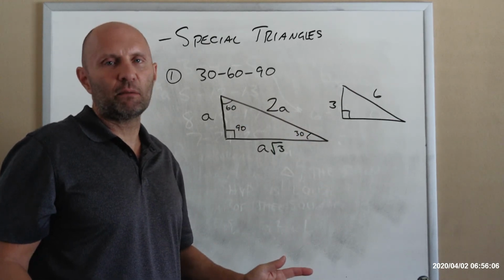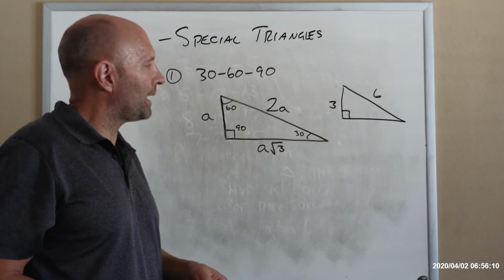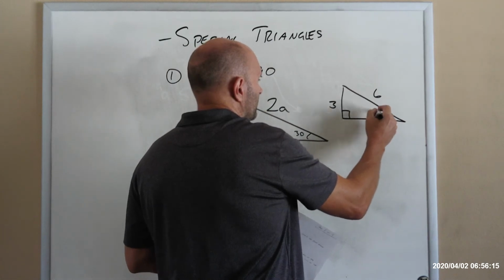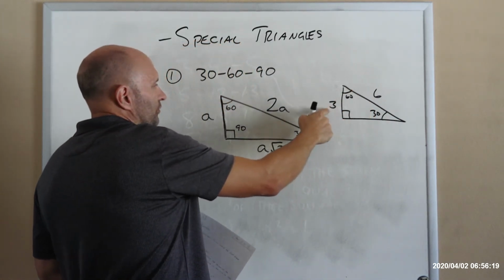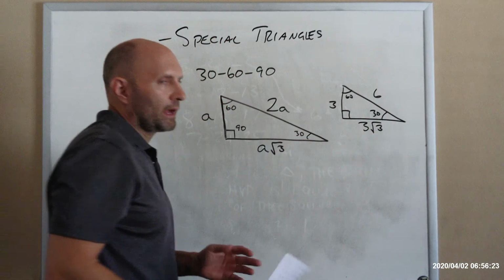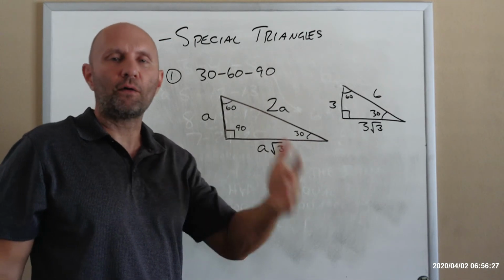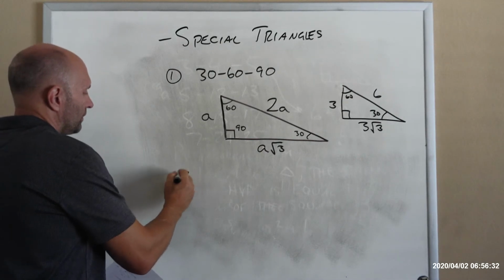It's not going to take you that much longer, and you'll get the answer 100% of the time as long as you do the math right. But if we know that this is a 30, 60, 90 triangle, I know the long leg is just the short leg multiplied by the square root of 3, so without doing any calculations, I can get that answer. That's a feature of the 30, 60, 90 triangle.